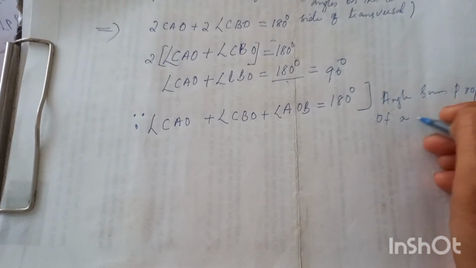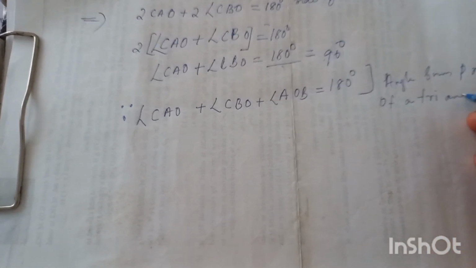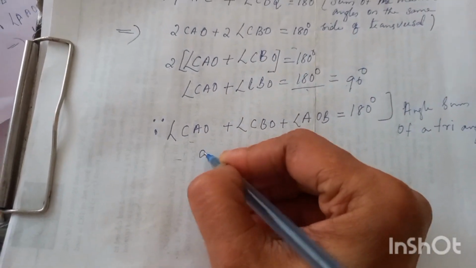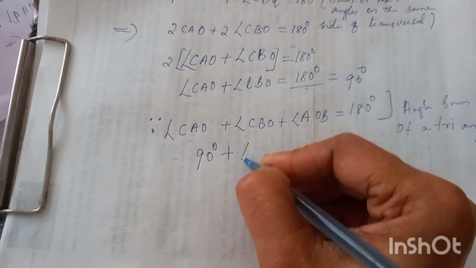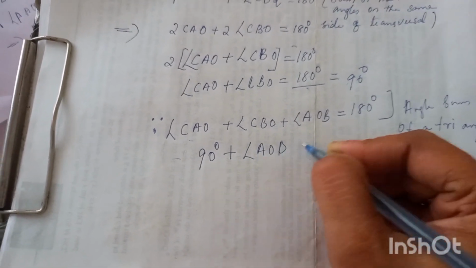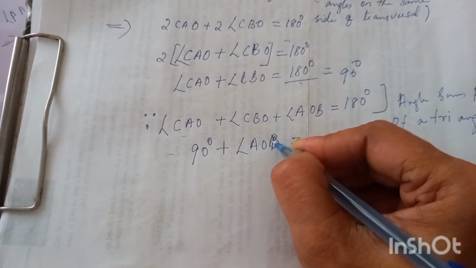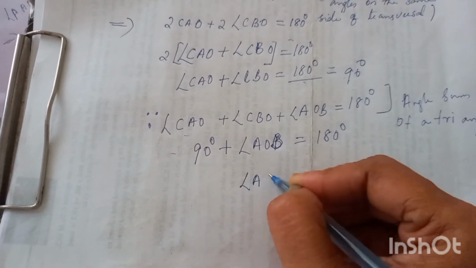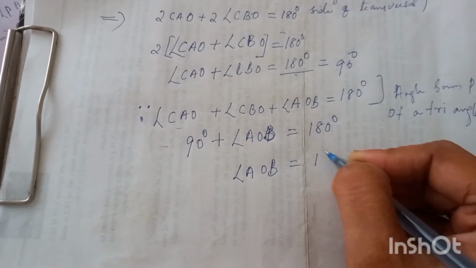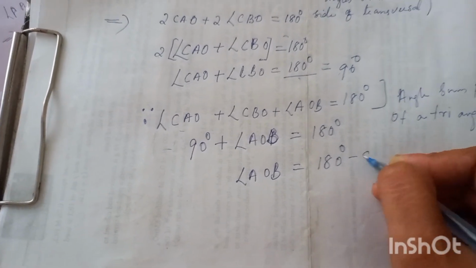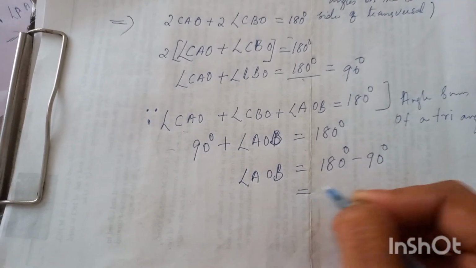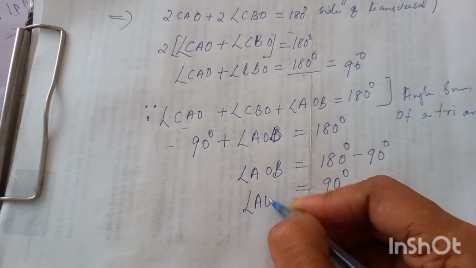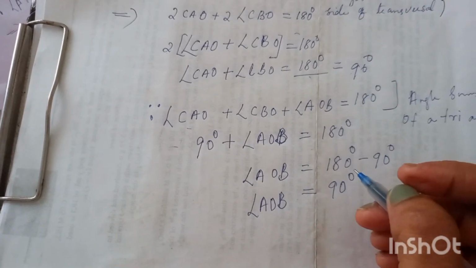But CAO plus CBO we can substitute 90 degrees: 90 degrees plus angle AOB is equal to 180 degrees. So angle AOB is equal to 180 minus 90, which is 90 degrees.